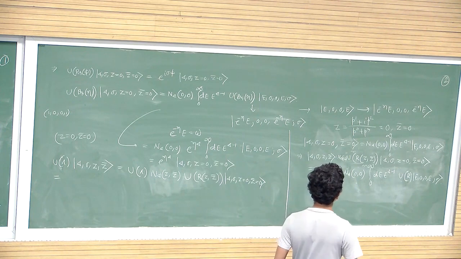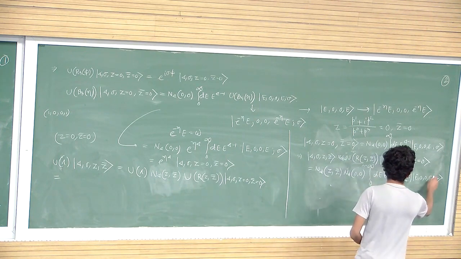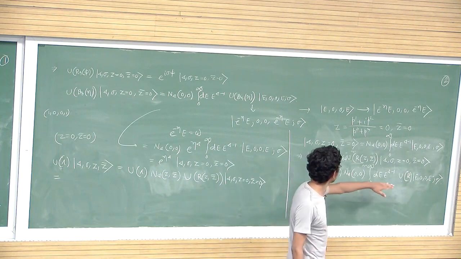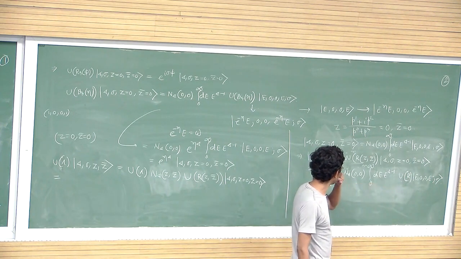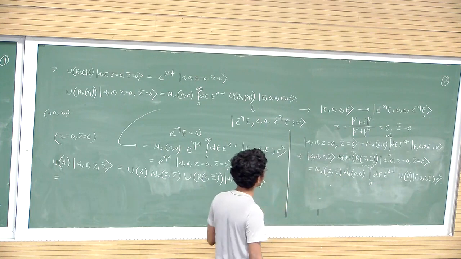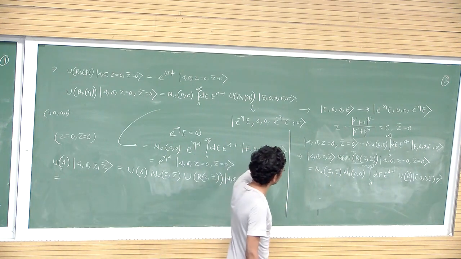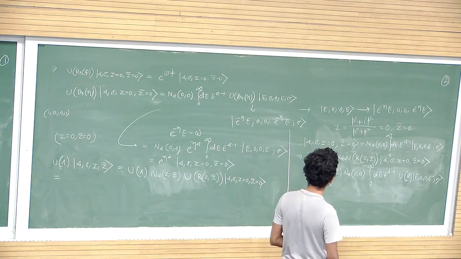Okay, now I understand. You are saying that I should get n delta square. So if you just replace n delta z z bar by n delta 0 0, I think it should be fine.